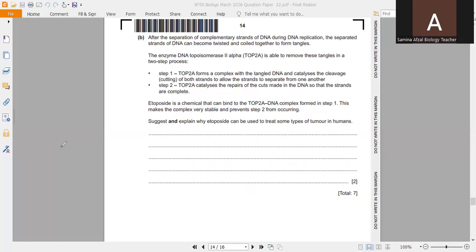So when the damage cannot be repaired, it signals the cell to undergo apoptosis, which is called programmed cell death. So effectively, it's shrinking or stopping the growth of the tumor. So these are the points we need to write over here. In short, briefly, I would like to write all this.